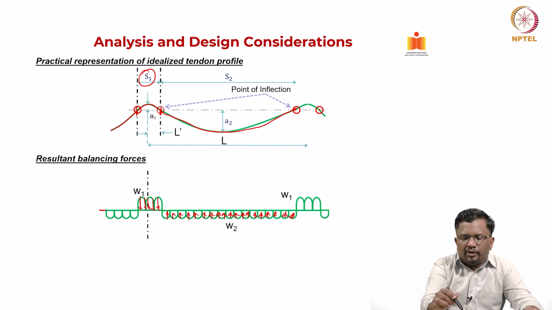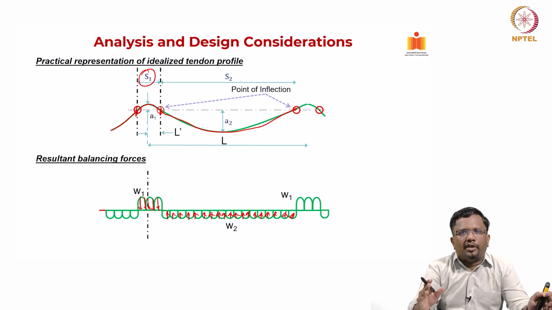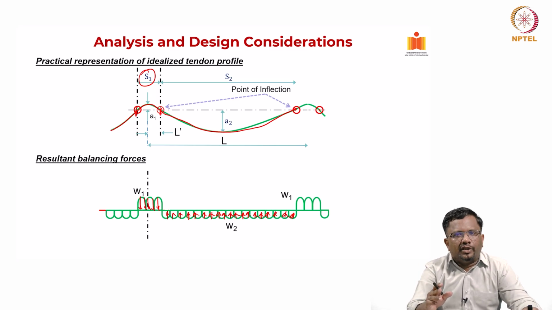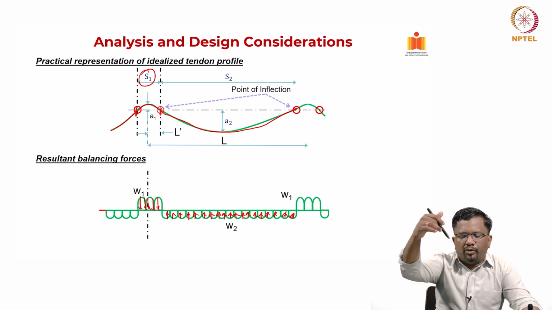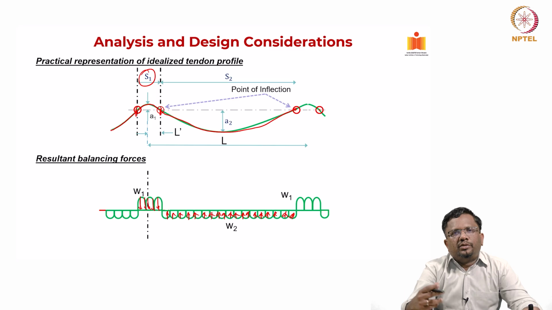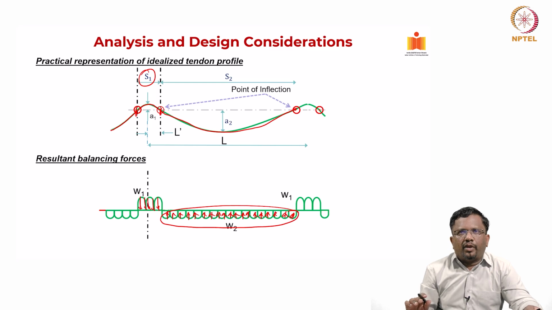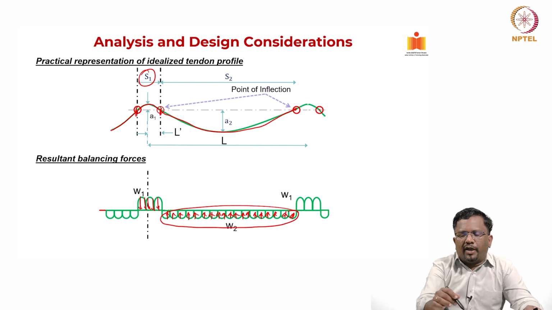Now, because the reverse parabola is usually concentrated close to the support, or maybe extends a little on either side of the support, the load W1 will pretty much go to the column. So, we are worried about what is the balancing load happening on the span only. Okay. So, this is an idealized profile.